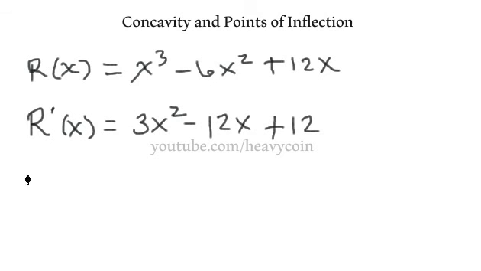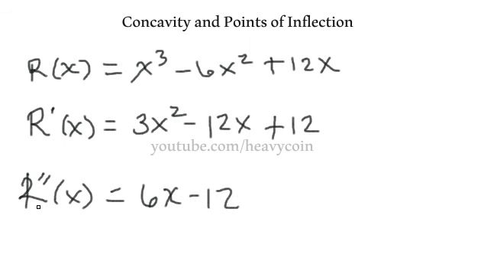And then I'm going to go ahead and take the second derivative. Wow, that's an r, doesn't look anything like that one, but whatever. So we end up with 6x minus 12. We're taking the second derivative, we're setting it equal to 0, and we're going to get these critical numbers.